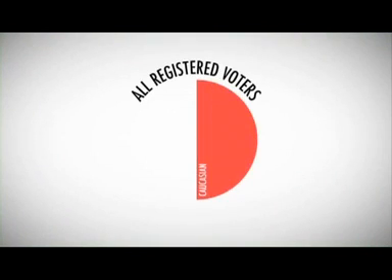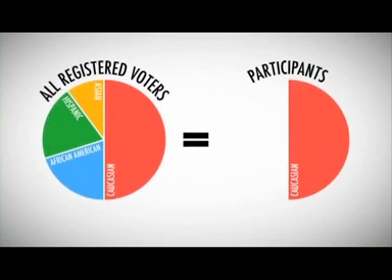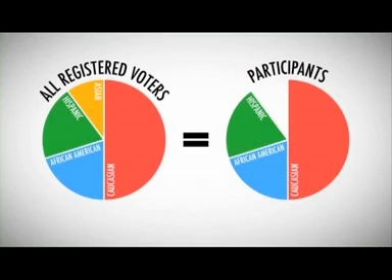For example, if we know that 50% of registered voters are Caucasian, 20% are African American, 20% are Hispanic, and 10% are Asian, we would want to make sure that, likewise, 50% of participants in the study are Caucasian, 20% are African American, 20% are Hispanic, and 10% are Asian.